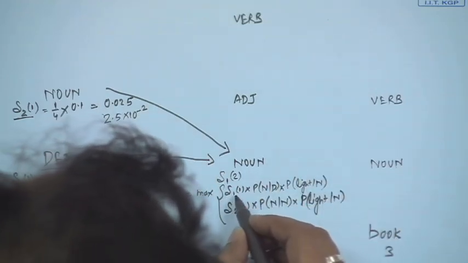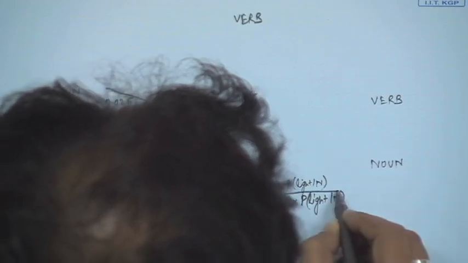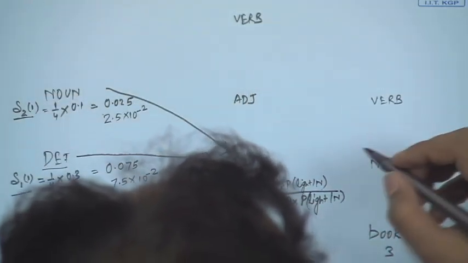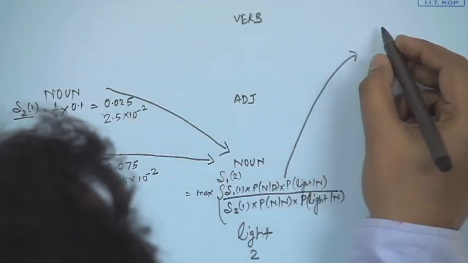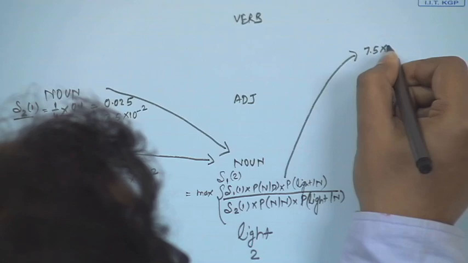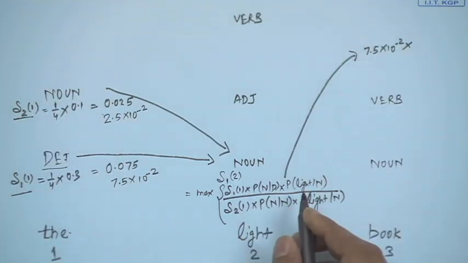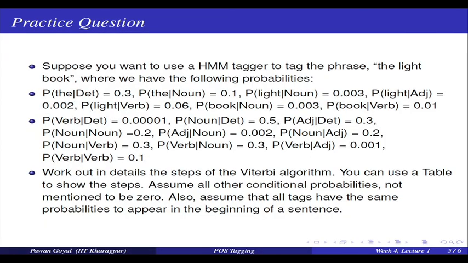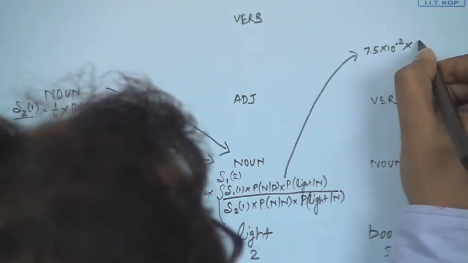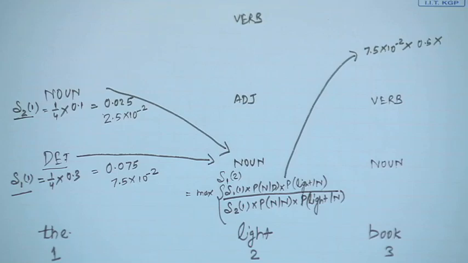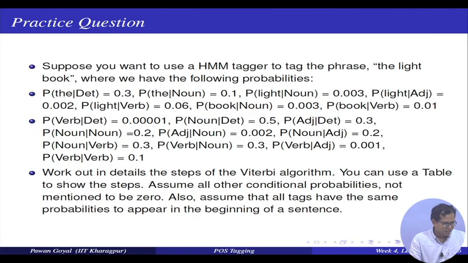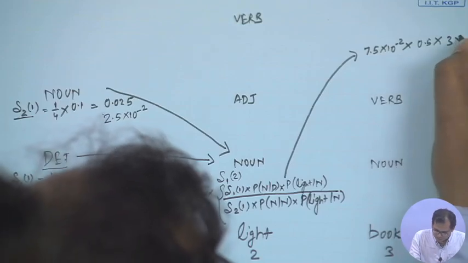So this would be 7.5 into 10 to the minus 2, times probability of noun given determiner. We can see from the table given to us that noun given determiner is 0.5, and "light" given noun is 3 into 10 to the minus 3.